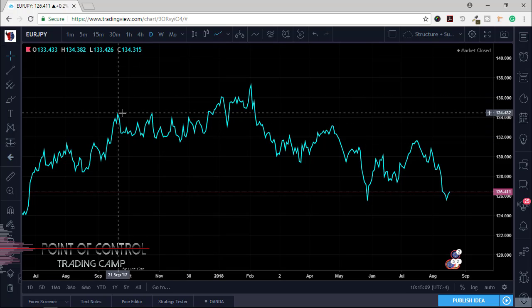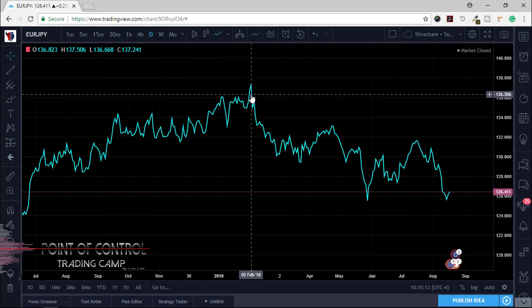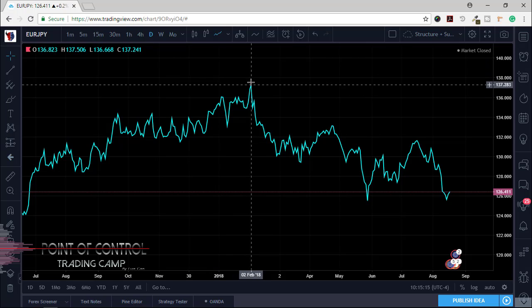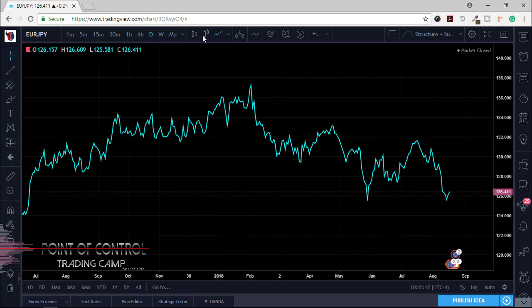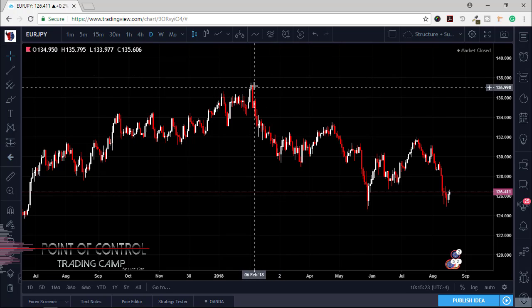So what you see on every one of these tips is not the end of the wick, but actually where that candle closed, or where price closed before the next candle opened.